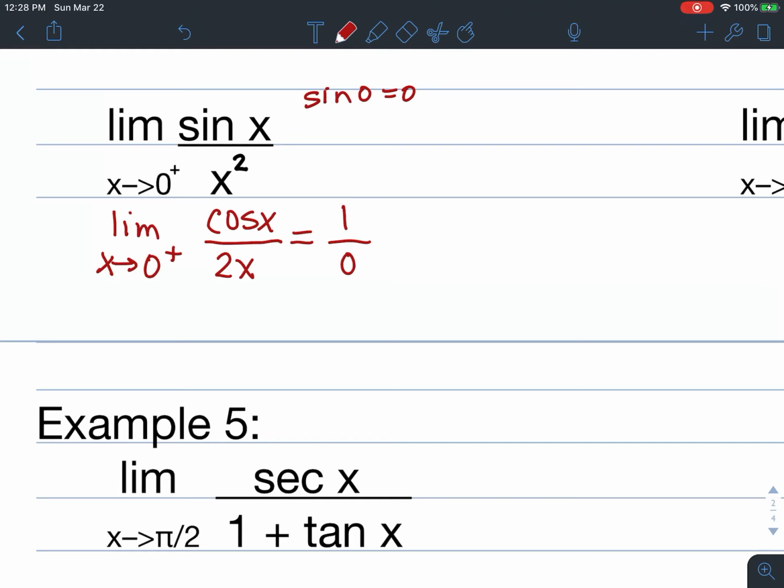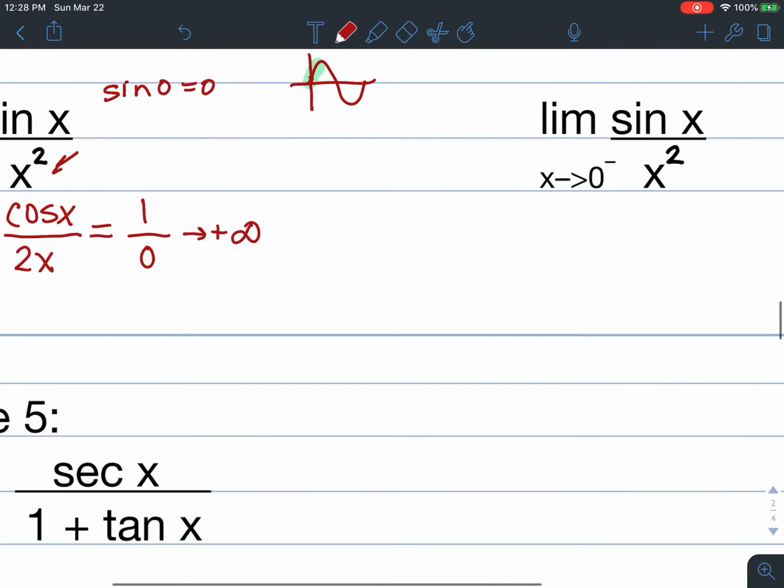And I know you don't know what the sine of 0.1 is, but let's just remember what the sine graph looks like. The sine graph looks like this. So if you're a little bit on the right side of 0, you're positive. The bottom will always be positive because it's a number squared. So if you're on the right side of 0, this is definitely going to positive infinity.